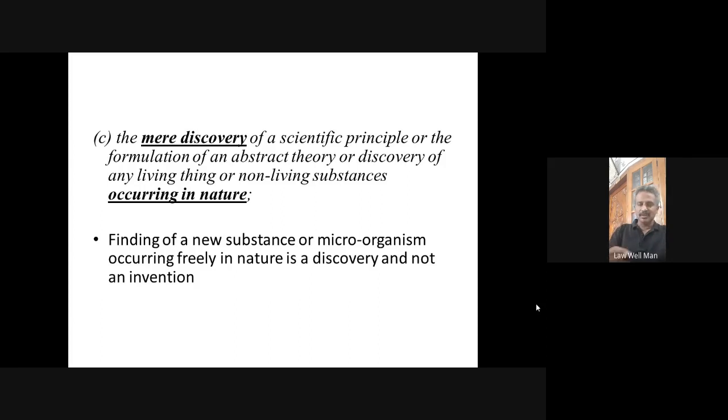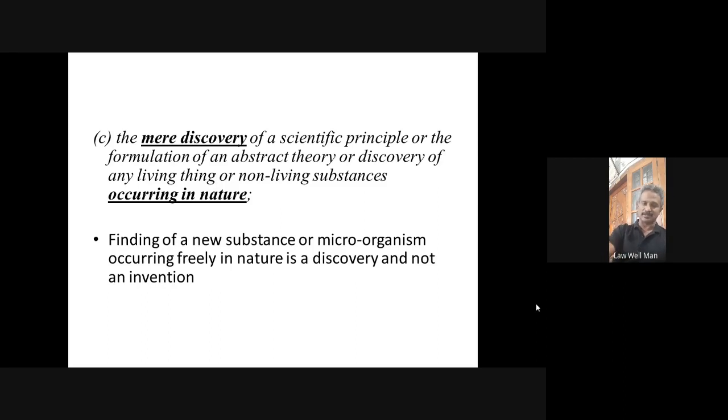Here, a good example in the patent context could be a smaller example, which will make more sense. Finding a new substance or a microorganism which is freely occurring in nature. That's also important, because sometimes if a person finds that substance, if it is very difficult to isolate and it is not freely existing in nature, then if a person takes a lot of effort to isolate and present it in a particular way, which will be useful to human beings, then it may be eligible.